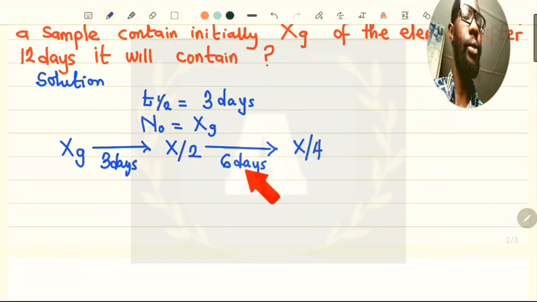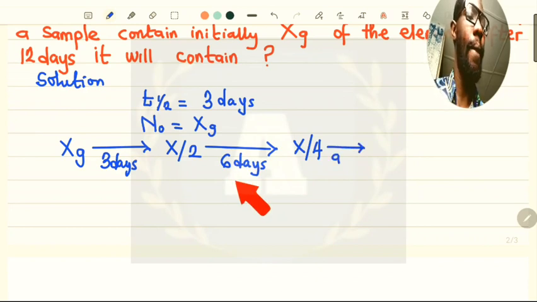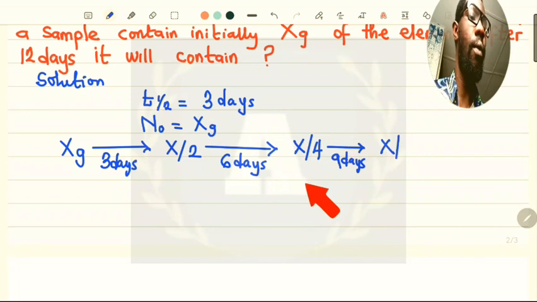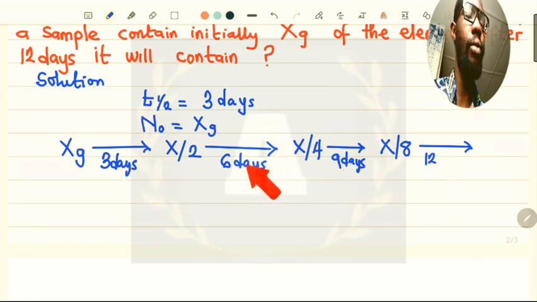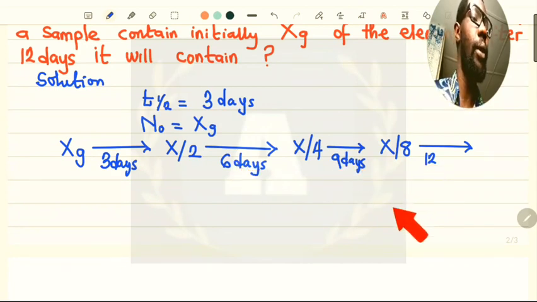After 9 days, this will be reduced to half again, and we have x over 8 gram left. And after 12 days, we added 3 to 3 and got 6, 3 to 6 and got 9, 3 to 9 and got 12, because the half-life is 3 days.